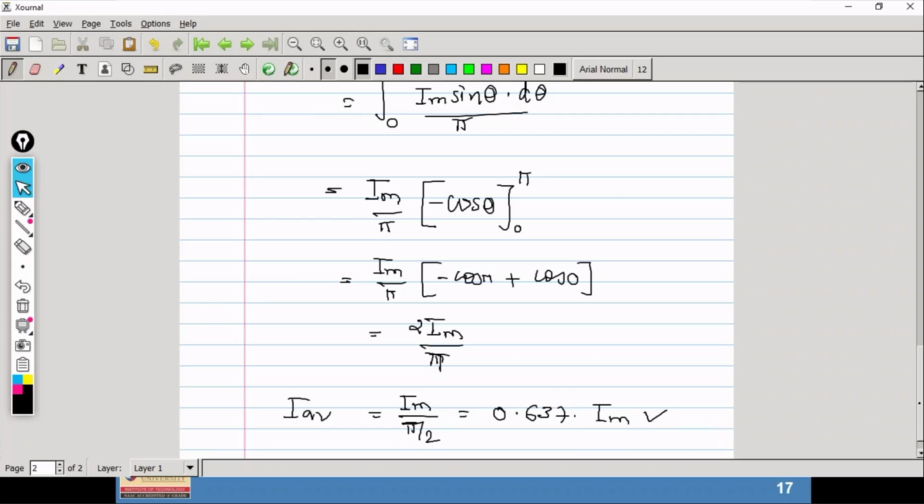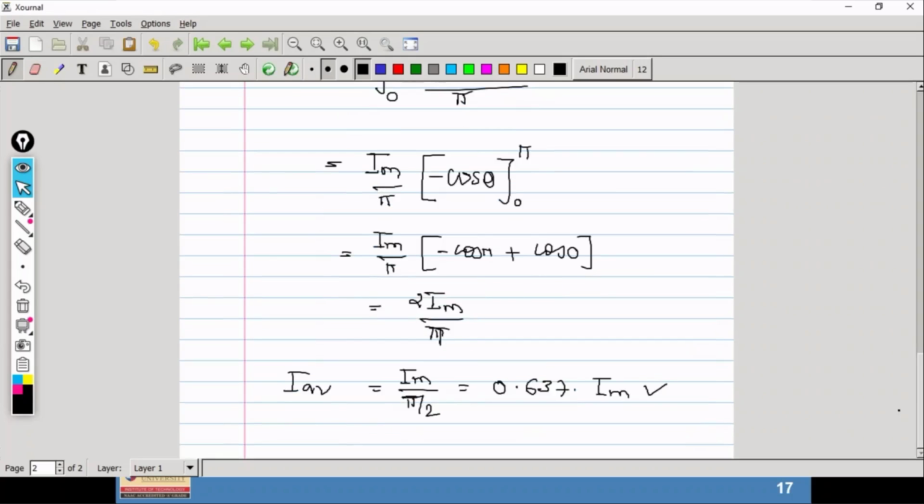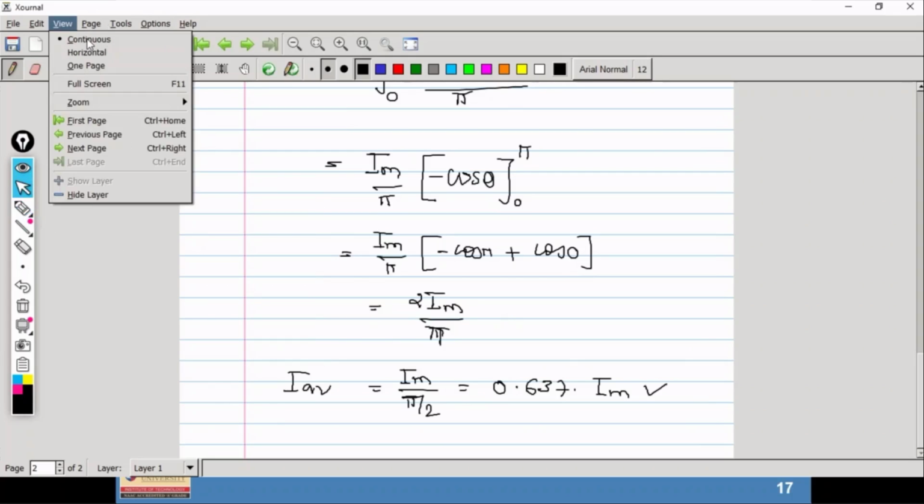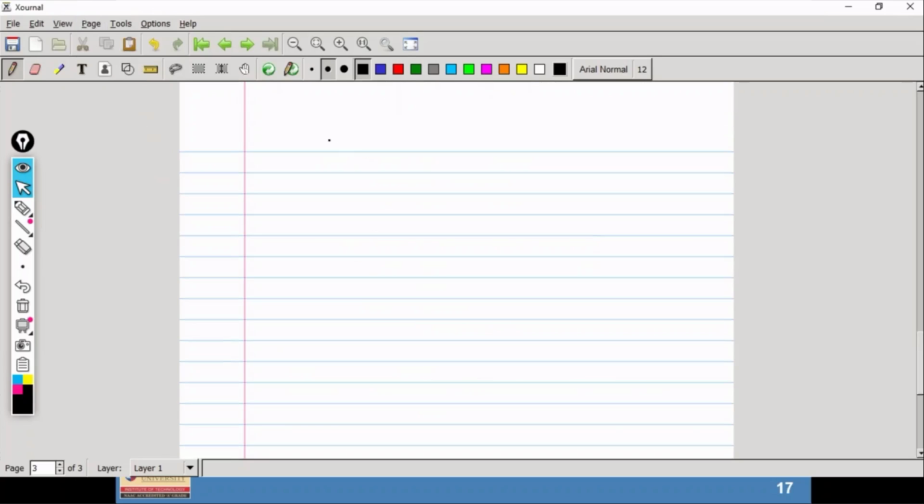So in this lecture, we have derived two different equations. One equation is for IRMS, which is equal to 0.707 times Imax, and I average, that is 0.637 times Im.